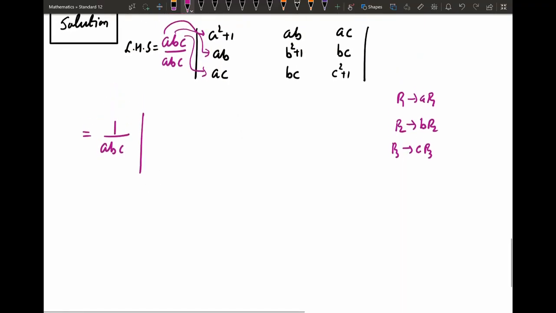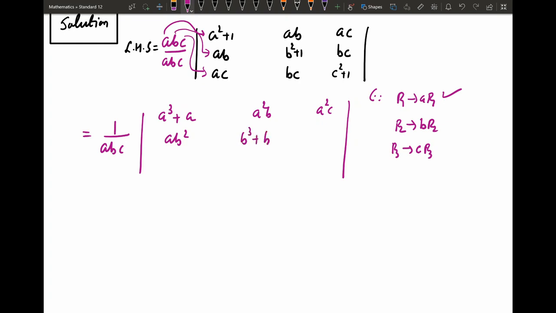Now the first row is multiplied by A. So this is a cube plus a, a square b, a square c. The second row multiplied by B: ab square, b cube plus b, b square c.